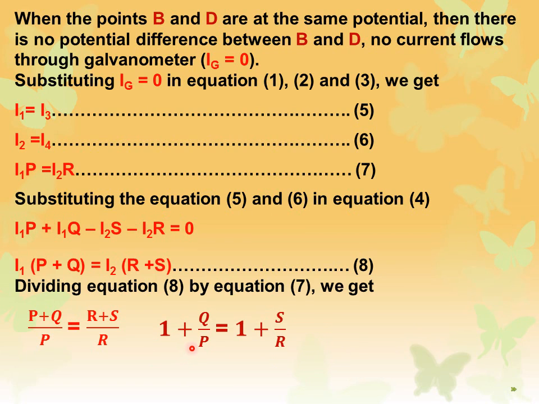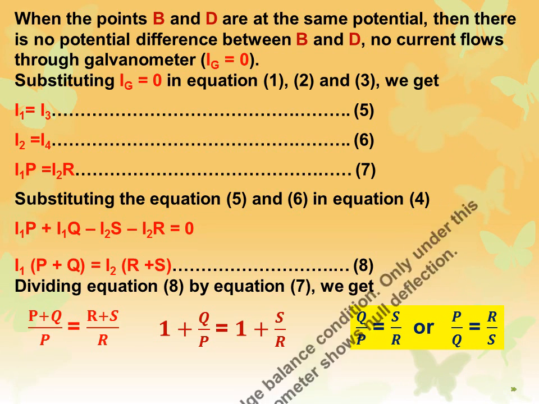Taking P as common, 1 plus Q by P equals 1 plus S by R, then we can cancel the 1 on both sides, so Q by P is equal to S by R, or P by Q is equal to R by S.